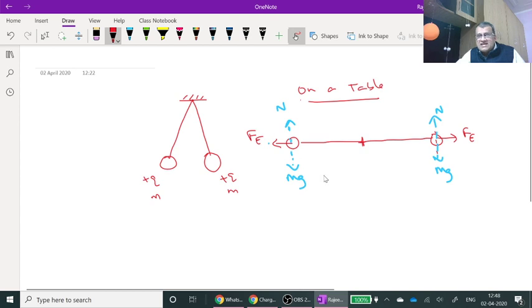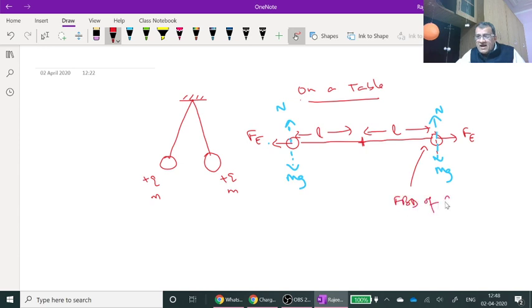And if the length of the string is L, then this is L and this is L. So the gap between these two balls is 2L. Look at the free body diagram of any charge, any one Q. On the right you have the electrostatic force, and on the left you have the tension in the string.